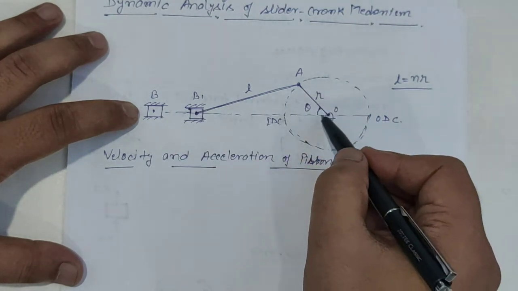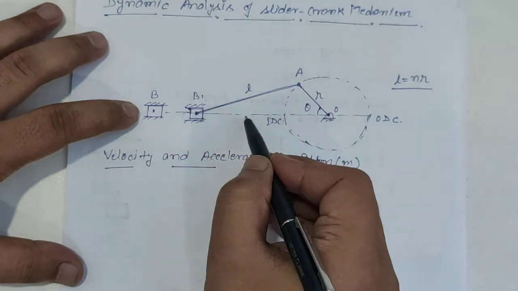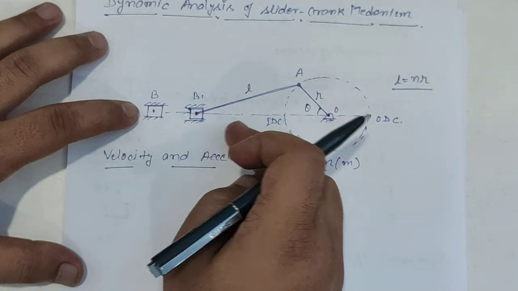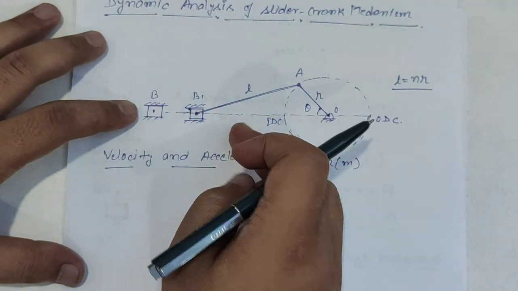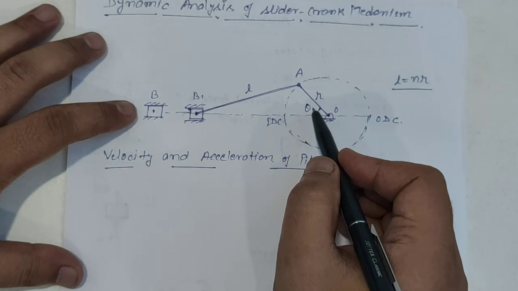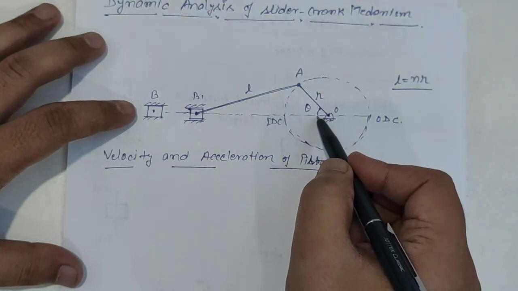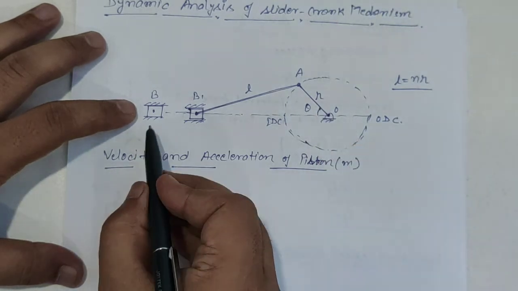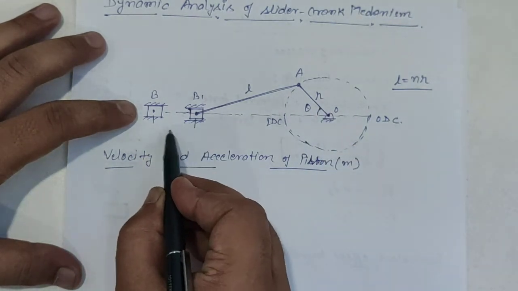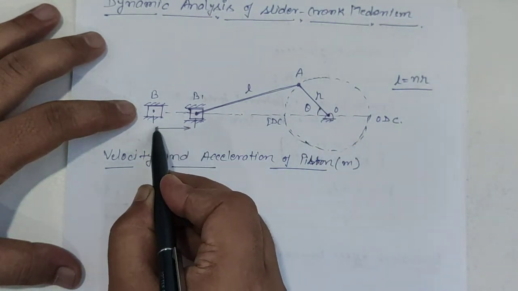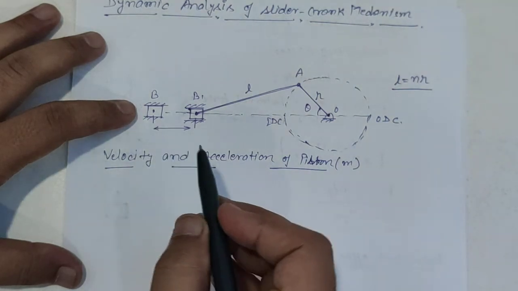If theta is equal to 180 degrees, it will come to the next opposite farther point. In the period of time when the crank is revolving through angle theta, this B point is shifting to B dash, or B1.